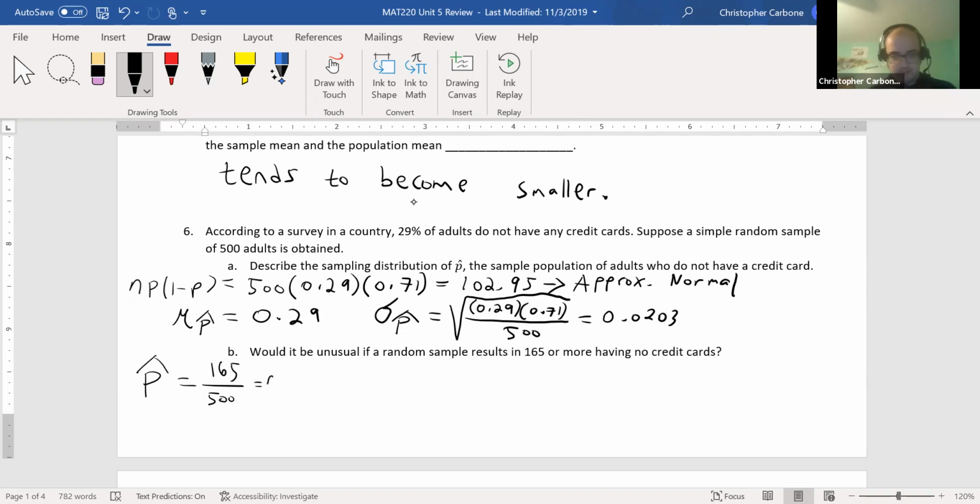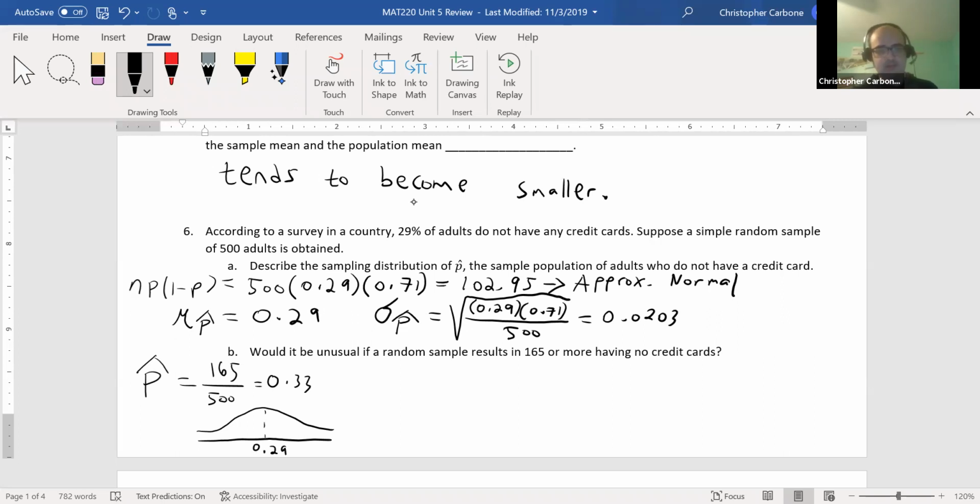And this is about 0.33. So, pictorial representation. The mean of 0.29 will be here.